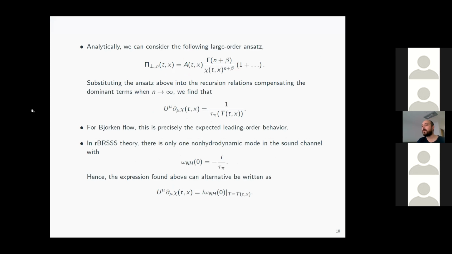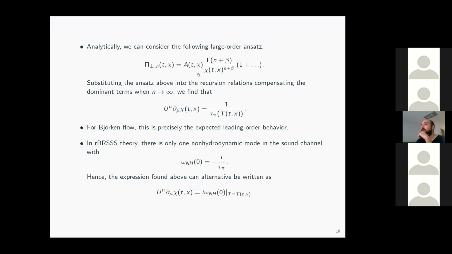Okay, so I'm going to give you the analytic argument first, and it will go as follows. So analytically, we can put forward the following large order ansatz. So we can assume that when n goes to infinity, pi perp is asymptotic to this factorial over power ansatz, okay, with some prefactor, and then you will have 1/n corrections here, which I'm not representing.